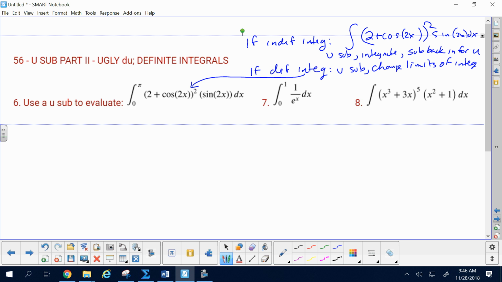They'll be u values rather than x values. And because of that, after you integrate, you don't sub back. You just plug those u values in for u. You follow? Okay. Look at 7 real quick. I bet you think that's not a u sub problem. It is. What's u?